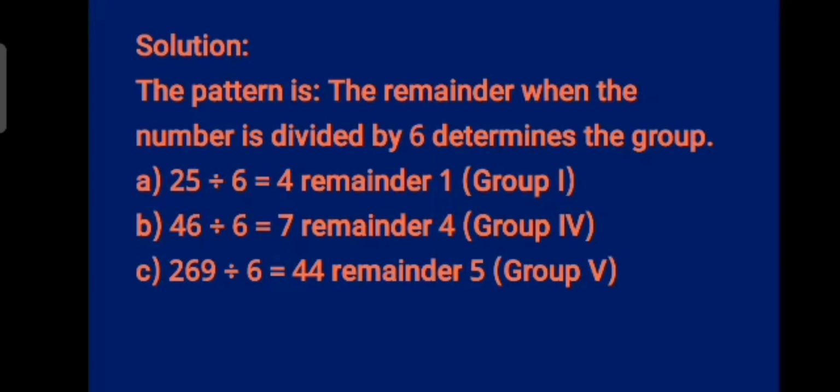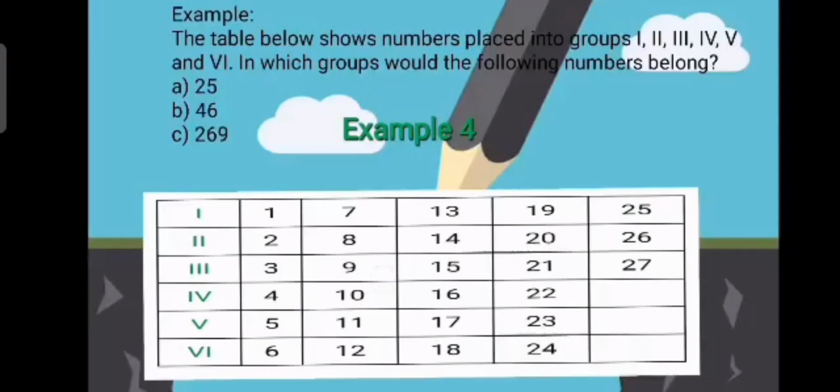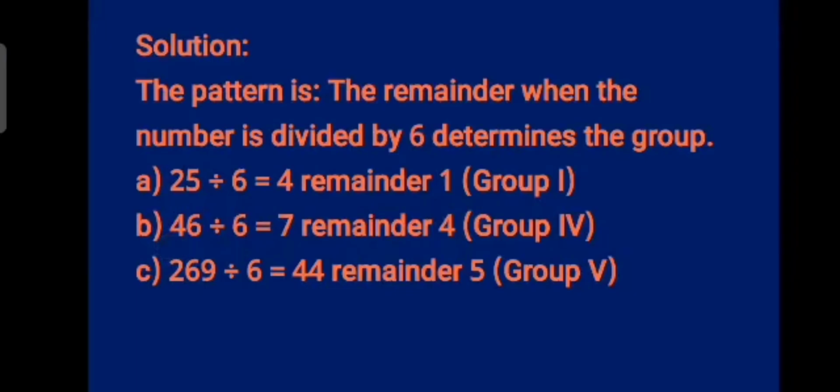So for letter A, we have 25 divided by 6, since 6 times 4 is 24, with the remainder 1. Since the remainder is 1, we can see here that it is located at group 1. Next, letter B, 46 divided by 6 equals 7 with the remainder of 4.